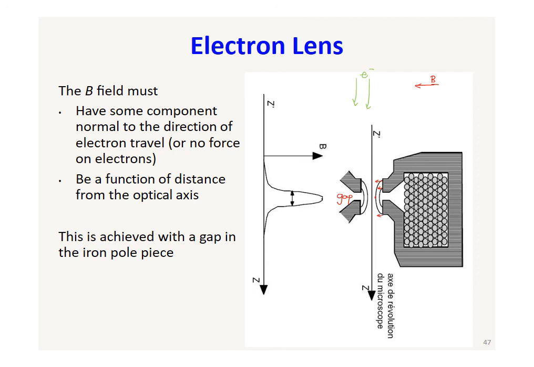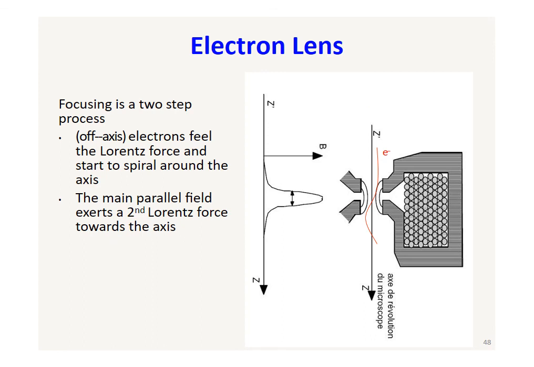So what does that mean? It means that our electrons, if they come down the center, are not going to feel the magnetic force, the Lorentz force. However, if electrons are coming down close to the edge, they will feel quite a large force, and they will then undergo quite a large spiral and come in to converge.